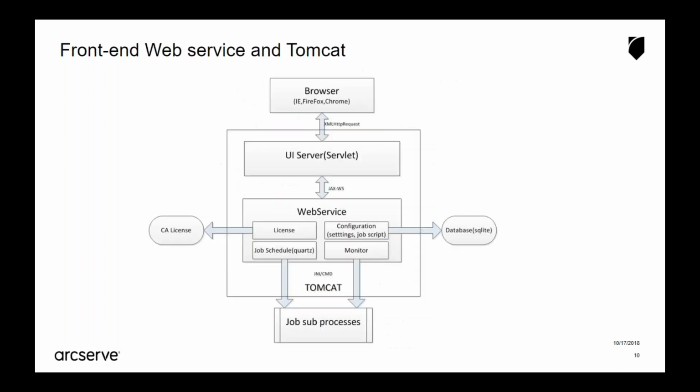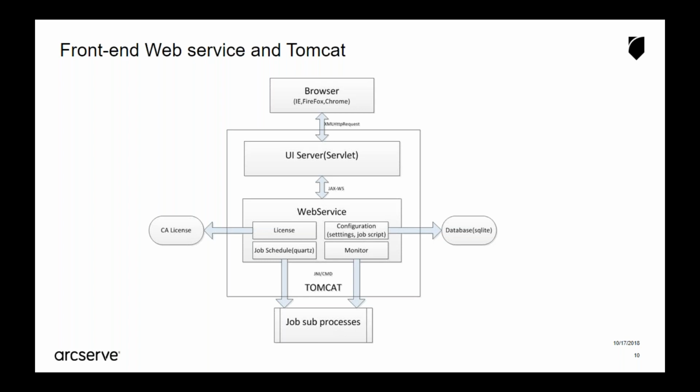The next topic would be the front-end web service and Tomcat. As I said, we could access the Linux backup server or the UDP console from a browser, and we could use Internet Explorer, Firefox, Chrome or the other various available browsers.